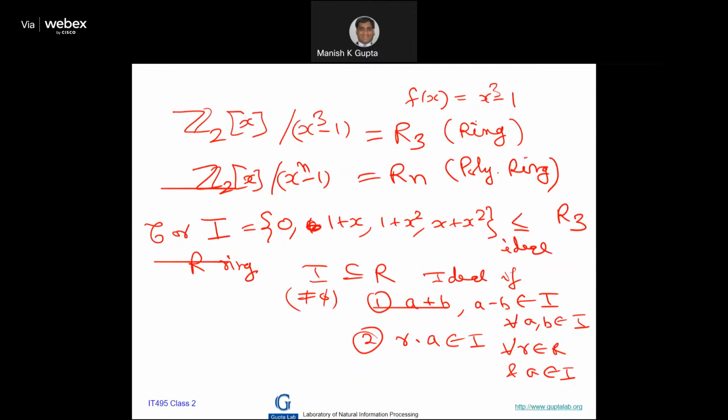You take an element a from the ideal, multiply with an arbitrary element of the ring R3, and you will get a member of I.